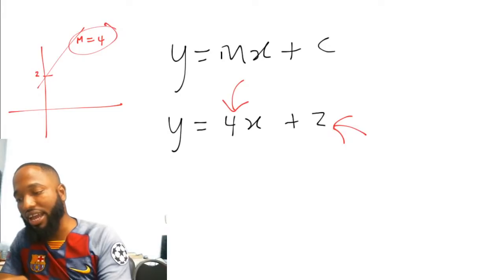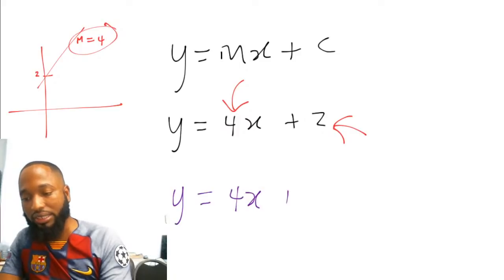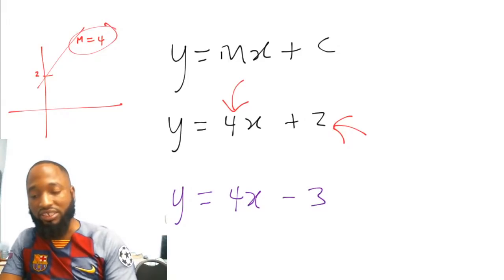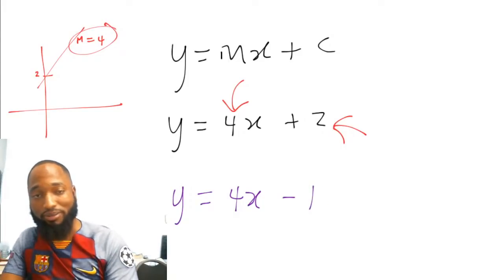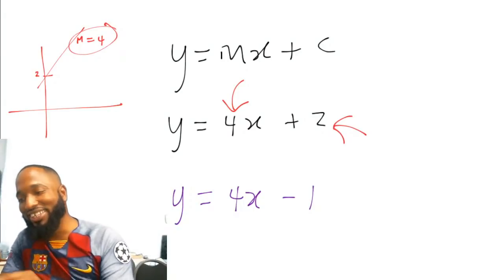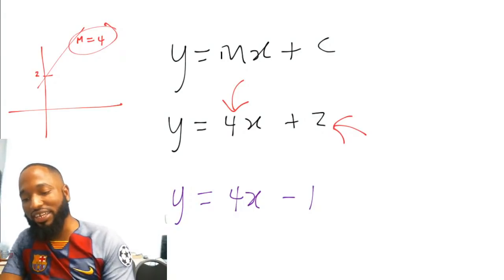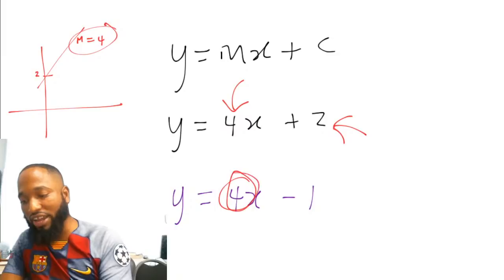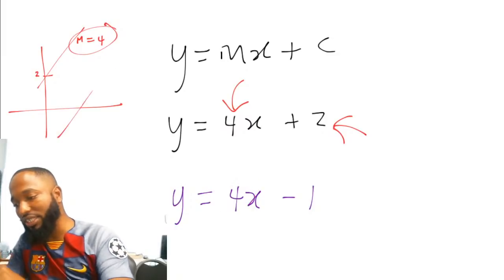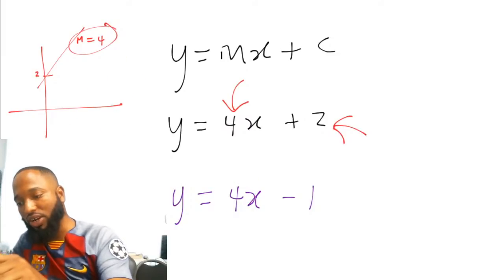Now if I have another line, let's pretend, y is equal to 4x plus, let's not use negative 3, let's use negative 1. So let's try and draw this line. This line has the same gradient, so it will look the same kind of way, but it will cut at a different spot.